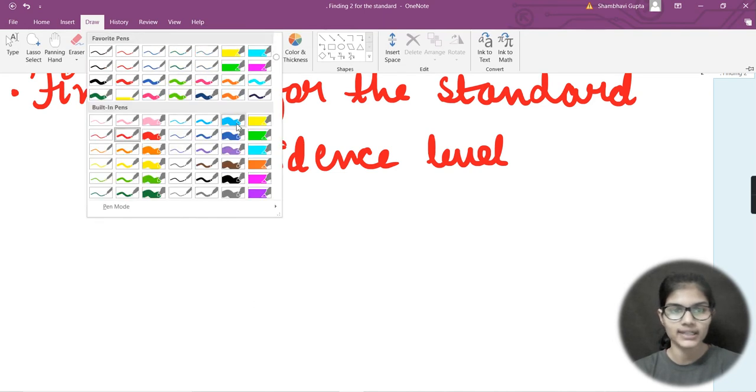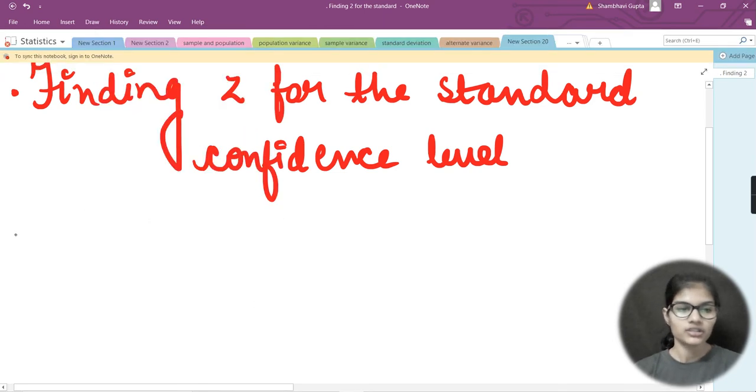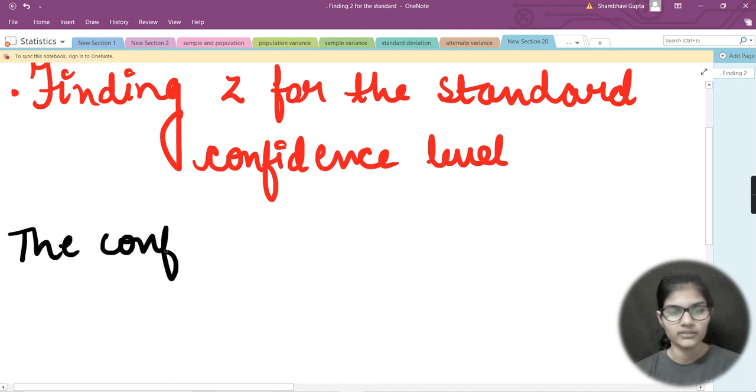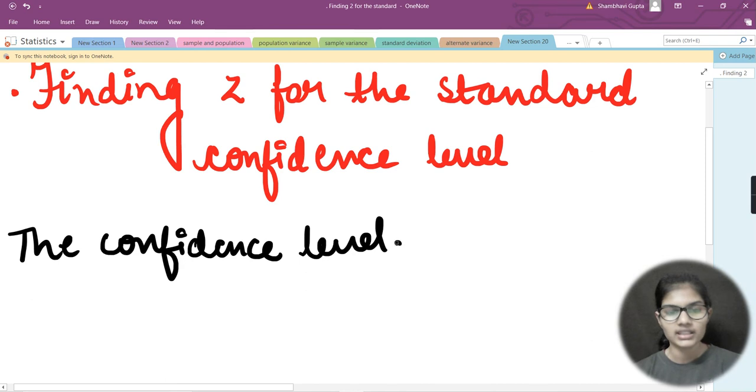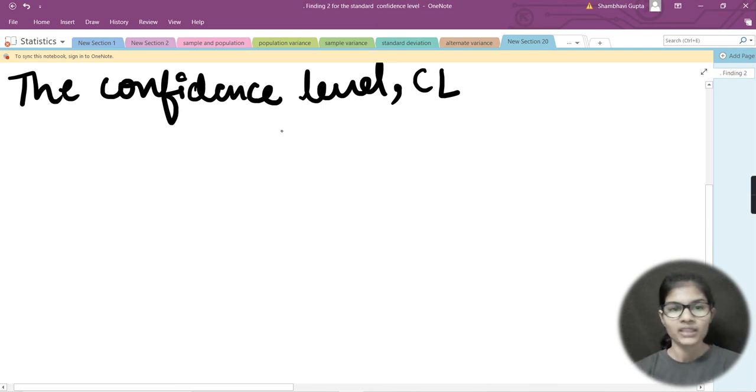So here I would start writing some important things, so make sure you take a note of them. I would write the confidence level, that is CL. This is the short form for the confidence level, and that is CL. We all know that, correct?